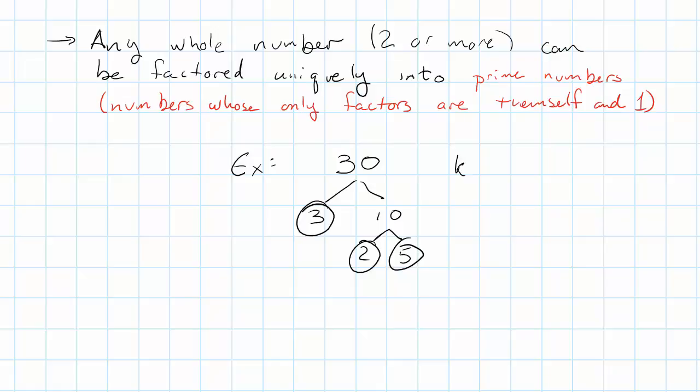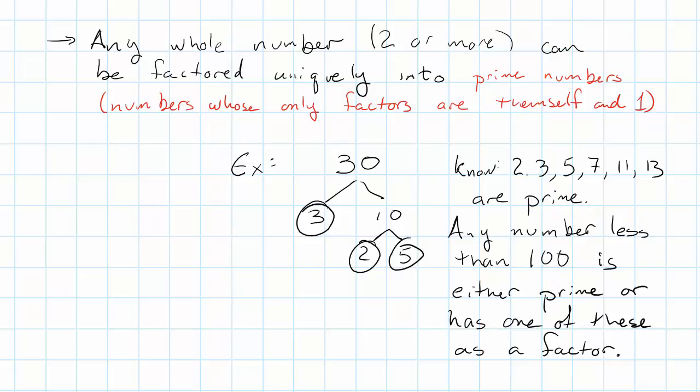You should know that 2, 3, 5, 7, 11, and 13 are prime. You should also know that any number less than 100 either is prime or has one of these as a factor.